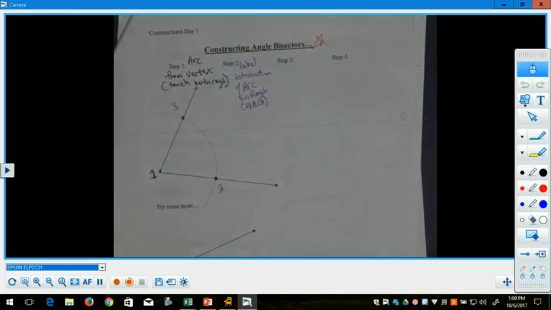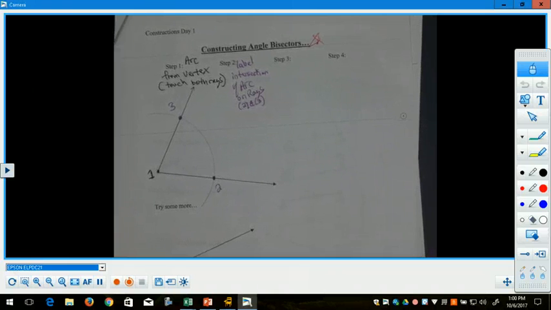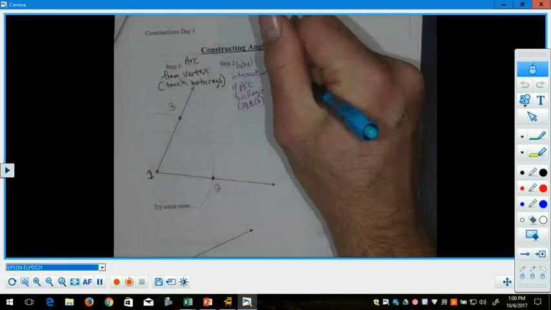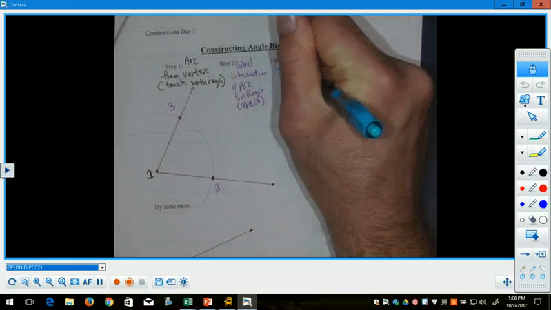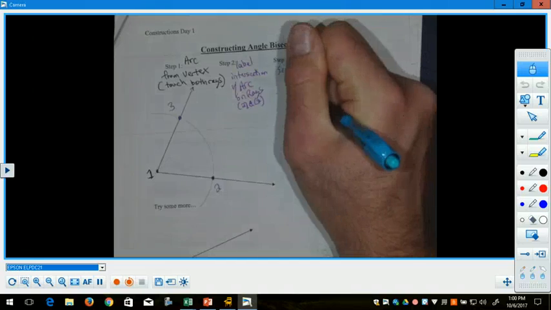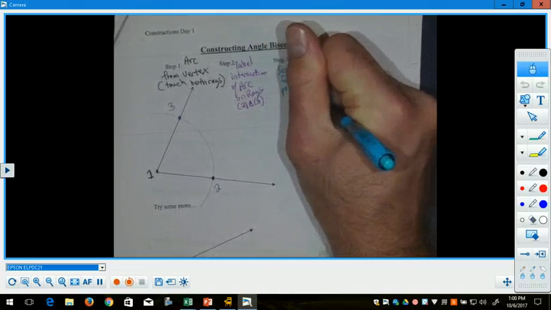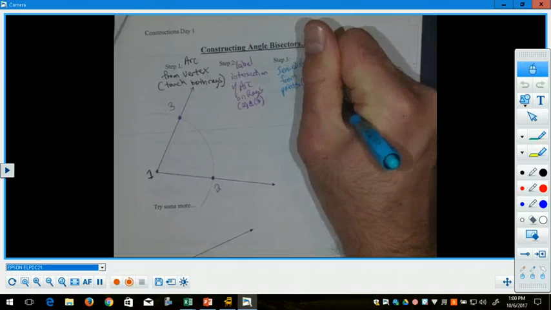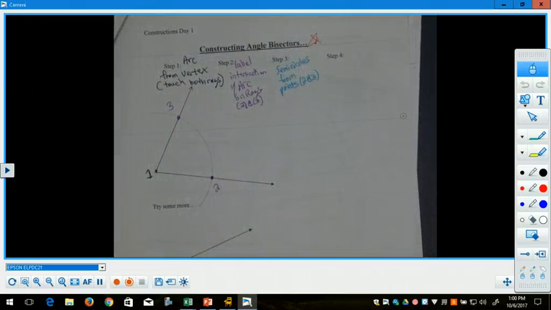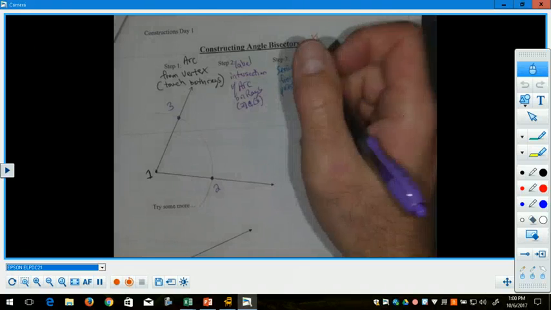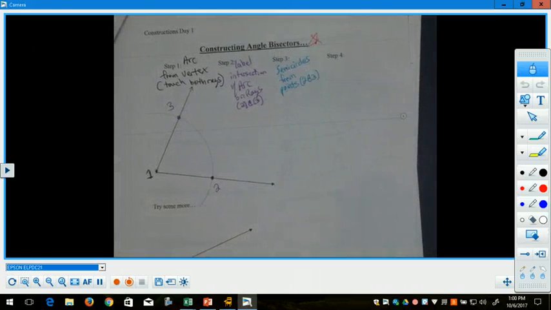Those are our next pivot points for our next 2 arcs. Step 3 is to make semicircles from points 2 and 3 separately that touch the rays.